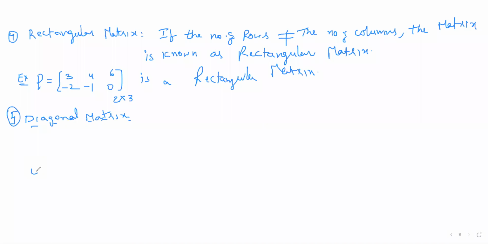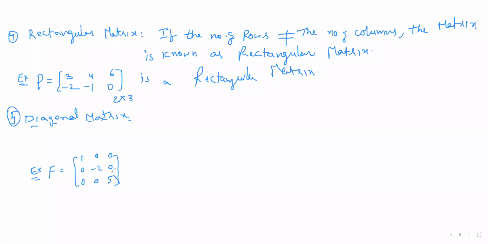For example, let us consider this one. Capital F is equal to 1, 0, 0, 0, minus 2, 0, 0, 0, 5.